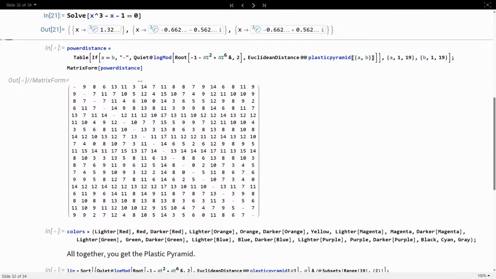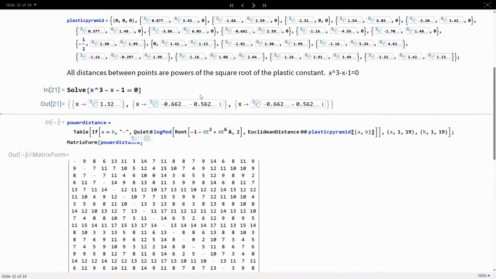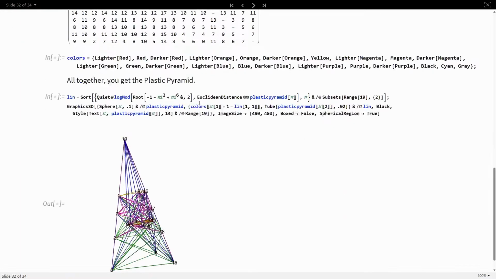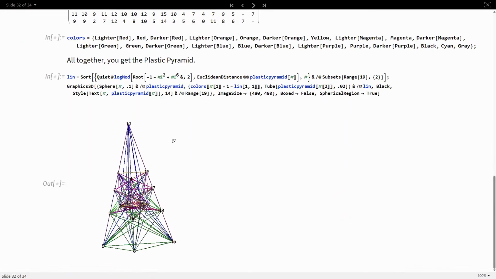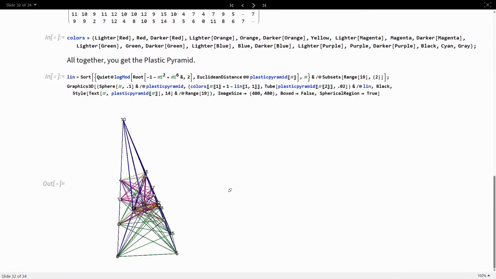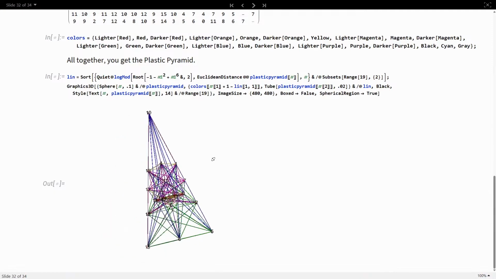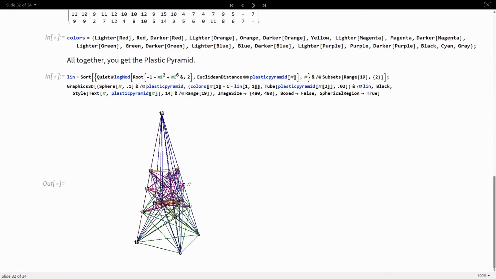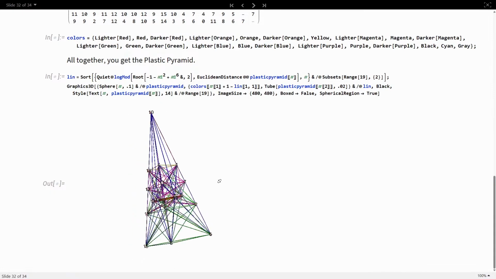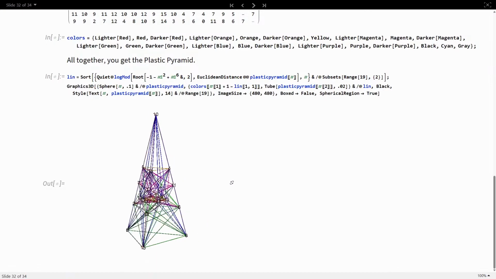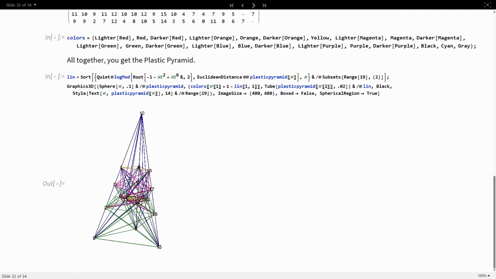And every pair of points here is exactly a power of it for the distance. So it's very curious that these 19 points are all an exact power distance apart from each other. I don't know of any other object like this.